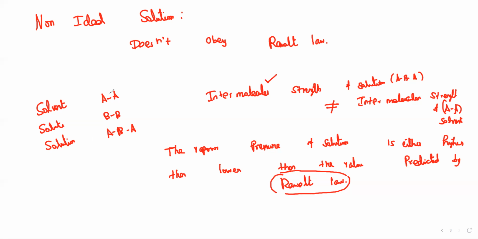Say, for example, when the solute is added to the solvent, the solution becomes like this. It will become ABA like that. So AA is the solvent and B is the solute. In between the solvent, solute particles are added. Now the original solvent is like this.